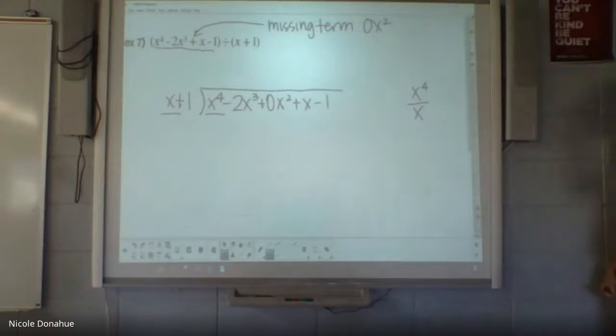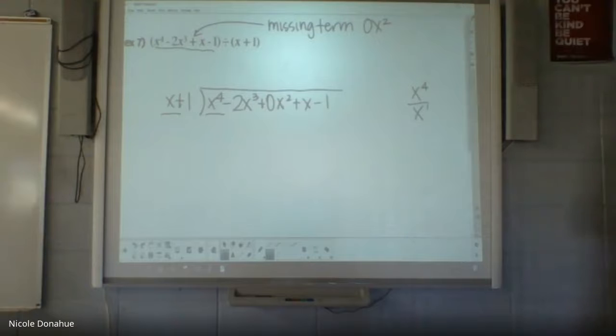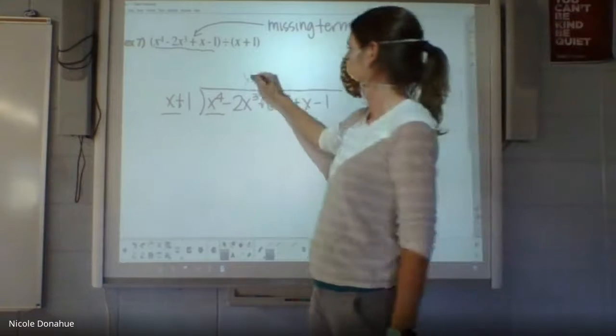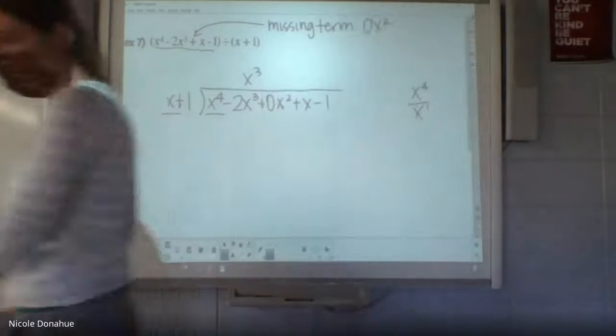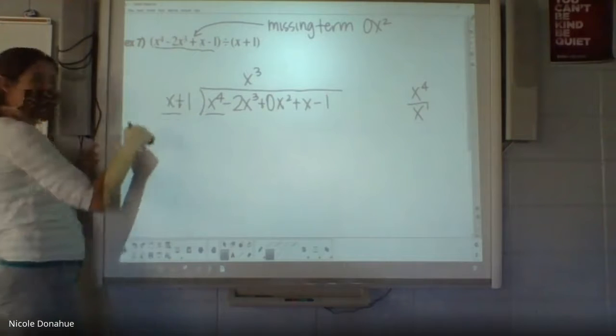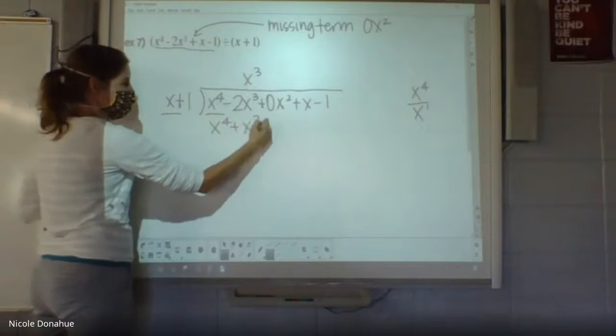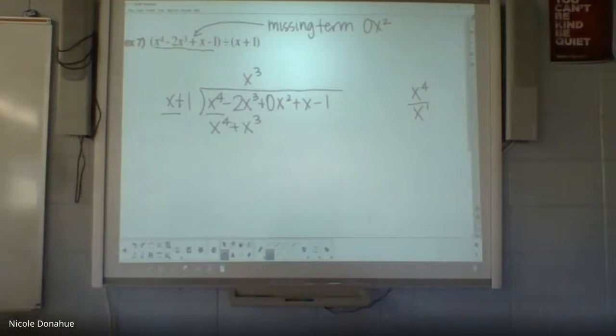To the 4th. Oh, shoot. There's 4 on top, 1 on the bottom. x to the 3rd. There we go. Got it. Okay, so x to the 3rd. Very good. He just needs that little placeholder.